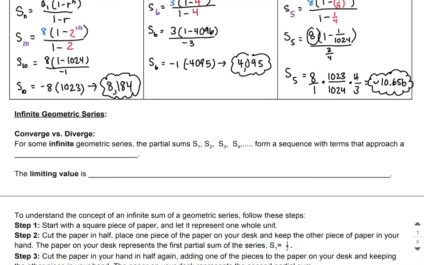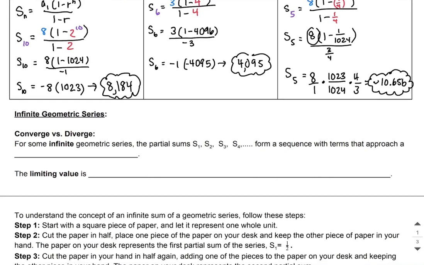Now we're going to talk about infinite geometric series. I said that sometimes we can find the sum of an infinite geometric series, and we can do that when the series converges, and we're going to talk more about that later. So we're going to talk about how we know if it converges or diverges, and what that means.